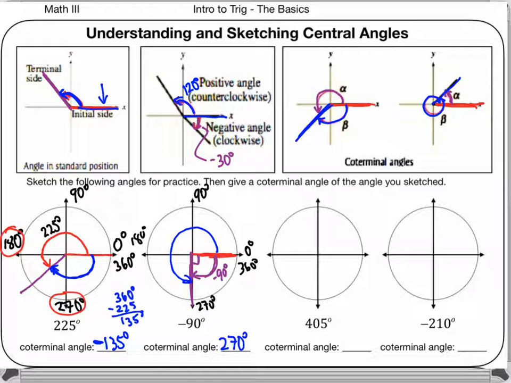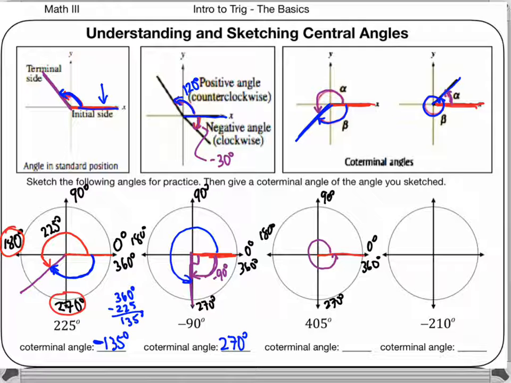Okay, for 405, that's going to go around the circle more than once, because we have 360 degrees in a circle. So this angle has started here, and now it has gone 360 in the positive direction, because it's positive, and then some.